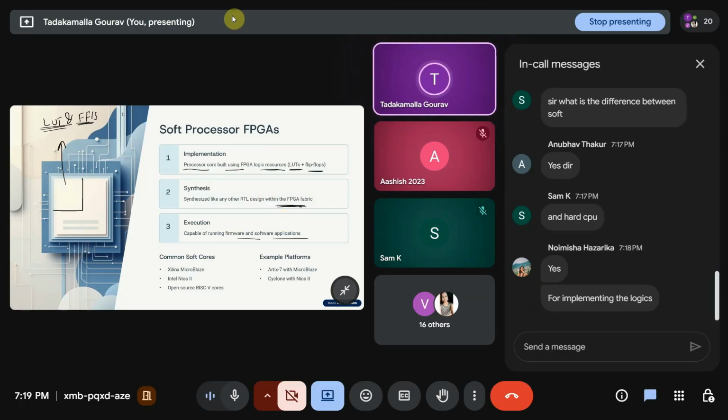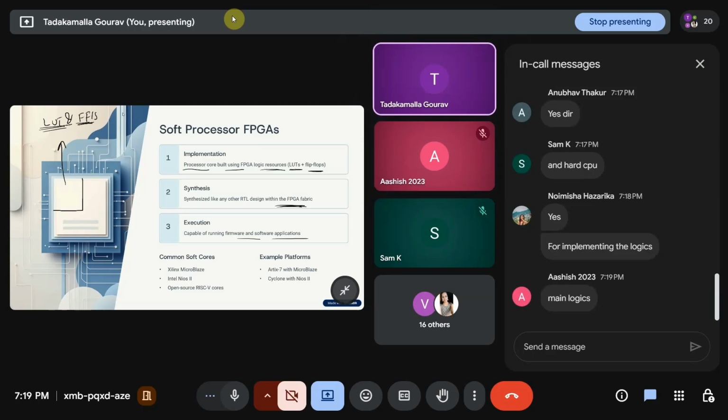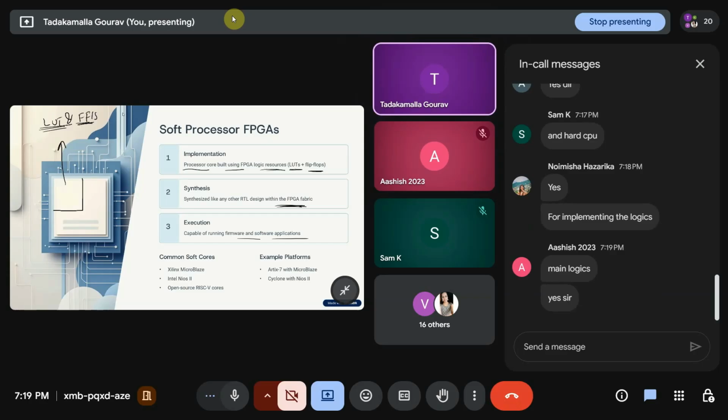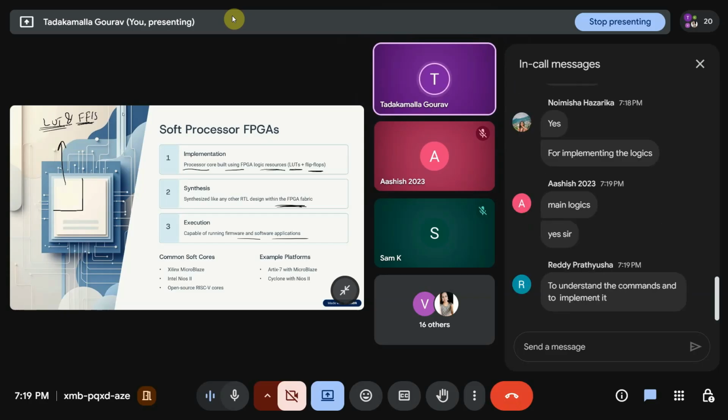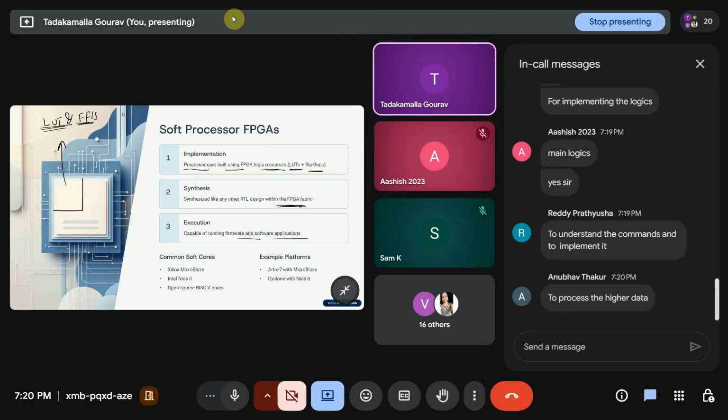For implementing the logic, okay. Main logic, okay. To understand the commands and implement them, okay. To process the higher data, okay.